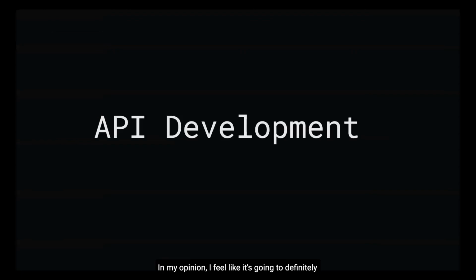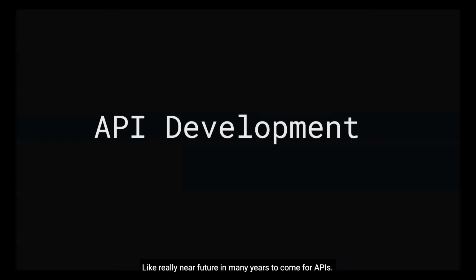In my opinion, I feel like it's going to definitely become the standard in the near future, like really near future, in many years to come for APIs. And documentation. If you want to get up and running quickly with a new framework, use FastAPI because for many reasons, but the documentation is amazing. It's probably the best I've ever seen actually in tech.